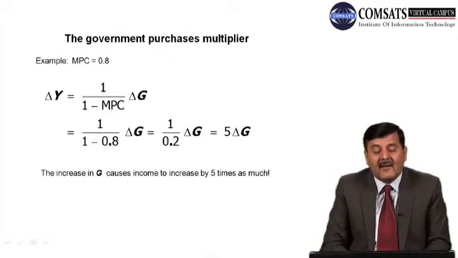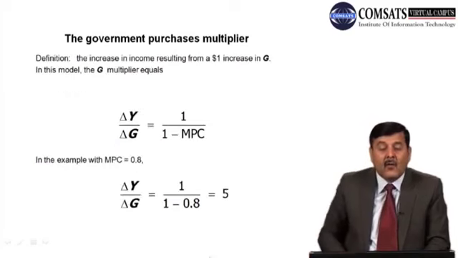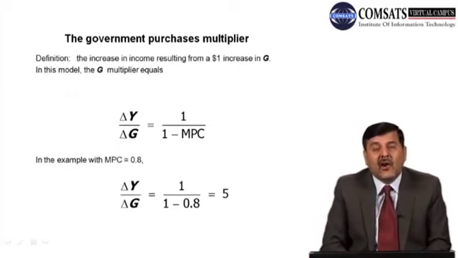Now this increase in G causes income to rise by 5 times, and this is known as the government purchase multiplier: the increase in income resulting from a $1 increase in G, right? So in this model, the G multiplier equals delta Y over delta G, which is 1 over 1 minus MPC.